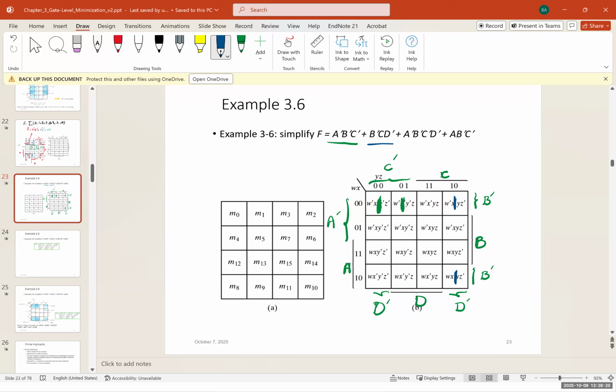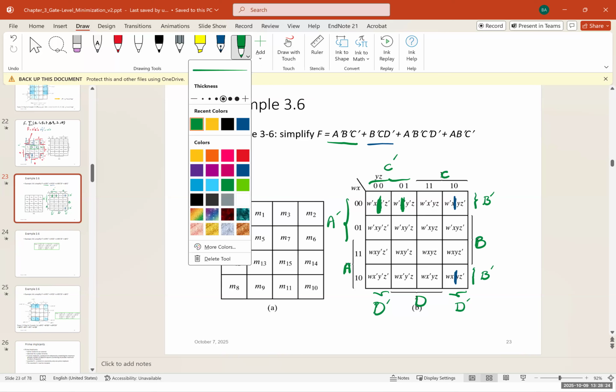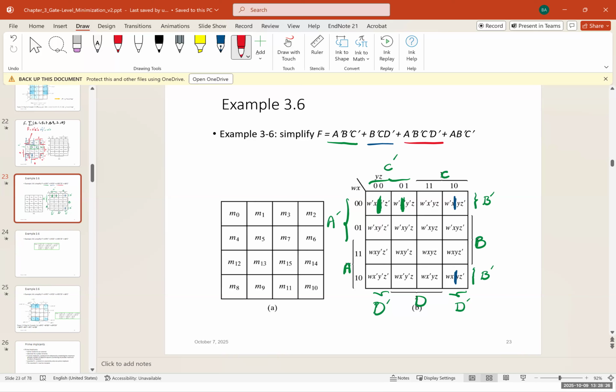And the next one, I'm going to do it with red. A prime, B prime, C prime, D prime. So A prime, B prime, C prime, and D prime is going to be this one over here, because it's an A prime, and a B prime, and a C prime, and a D prime.